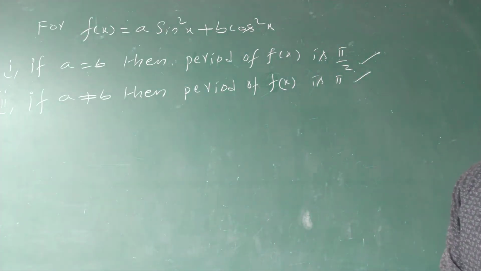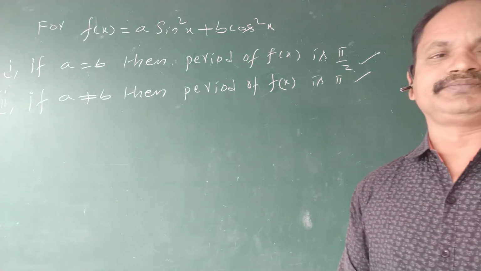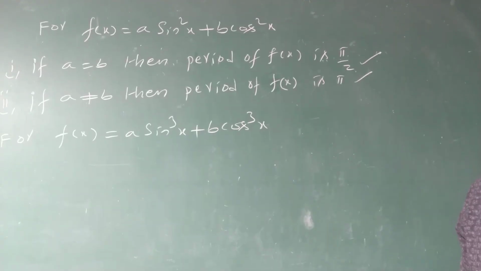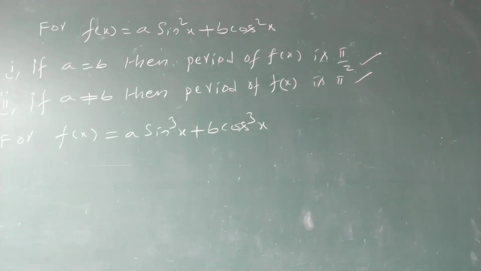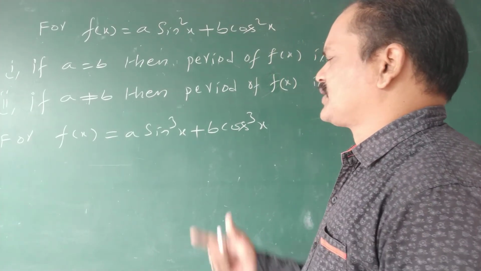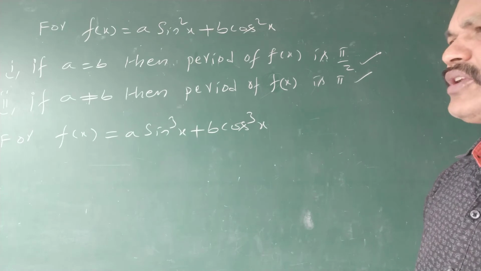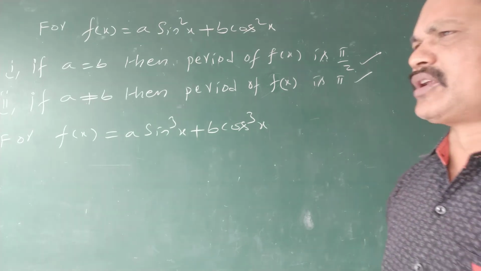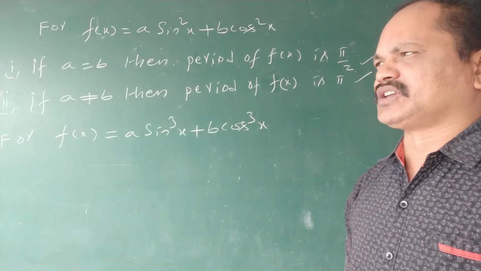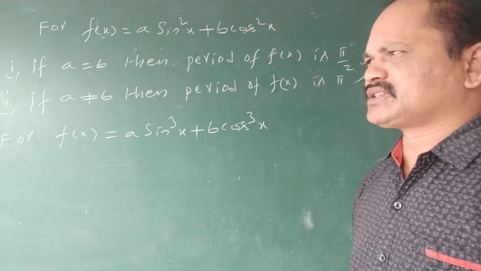Okay, now we are going to one more concept for a period. For f of x is equal to a sin cube x plus b cos cube x, here the power is odd. If the power is odd, for sine function, cos function, secant function, cosecant function, the period is 2 pi.